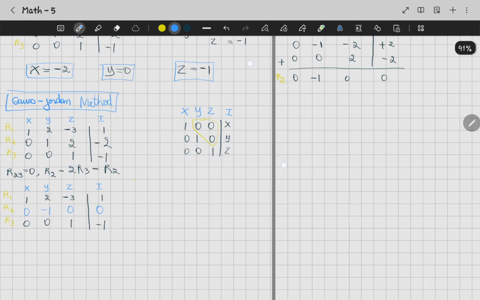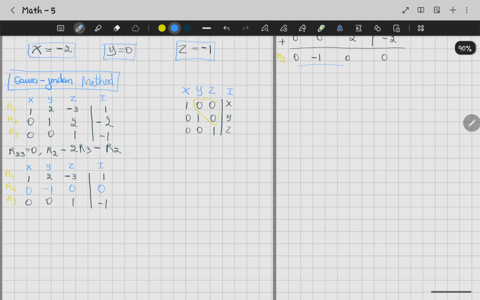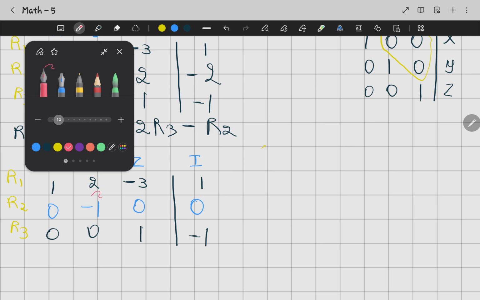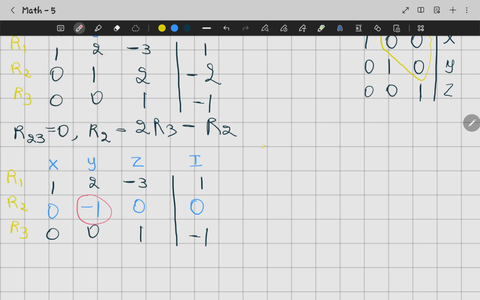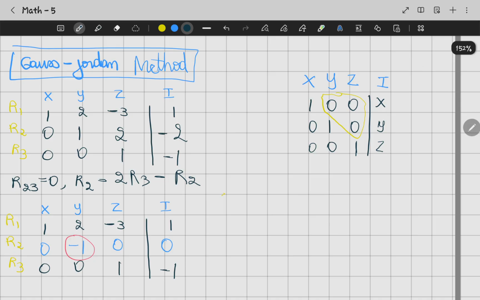Now this is what we got. There is one rule: we now have a negative sign here. How do we fix this? There is one rule that we know from the previous video. In order to make row 2 column 2 equal to 1, we can take row 2 and make it negative times row 2.